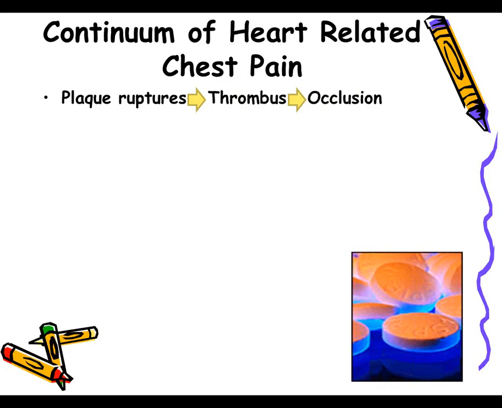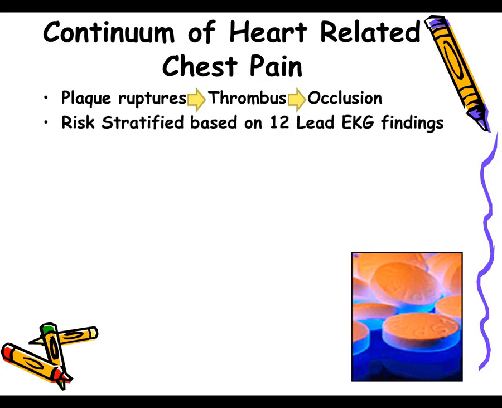We showed in the video how a plaque ruptures, how a clot begins to form, and how the coronary artery becomes occluded. And again, this is a continuum. This is something that comes on suddenly. There are initial complaints. There are things we can do initially and quickly to increase their chances of a good outcome.